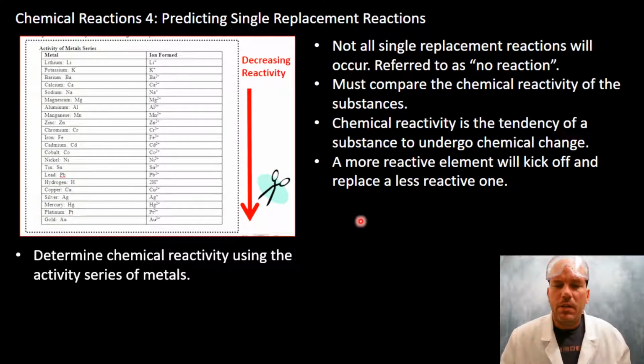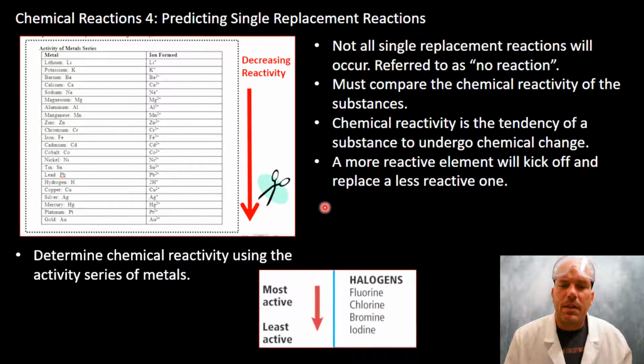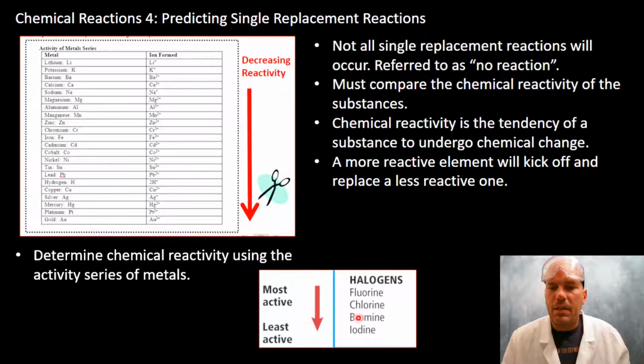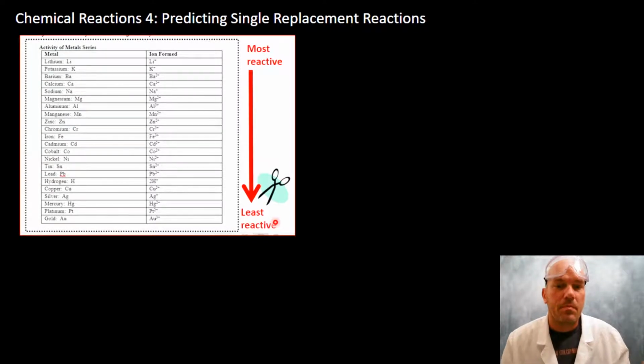So we're going to look at some examples together, and I'll explain this a little bit more. I also wanted to point out that there is a reactivity series for halogens as well. These can all be explained using atomic theory, bonding, and periodicity, which are topics that will be covered later in the course.